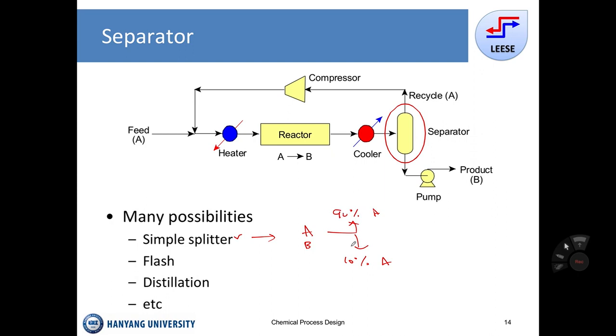Like conversion in the reactor, we can use recovery to fix this number. We choose the recovery, then use that number. This is a very simplified performance for the sake of the simulation, but this is not happening in the real world. We need to use some flash or distillation, absorption, extraction, or other things.